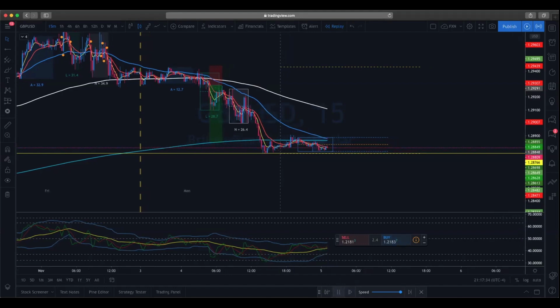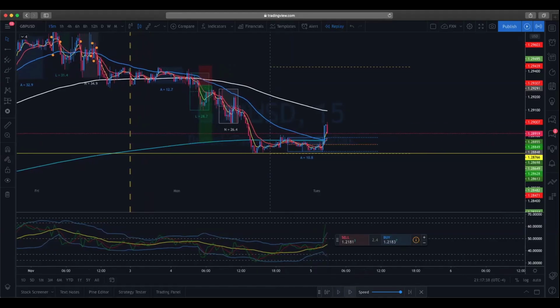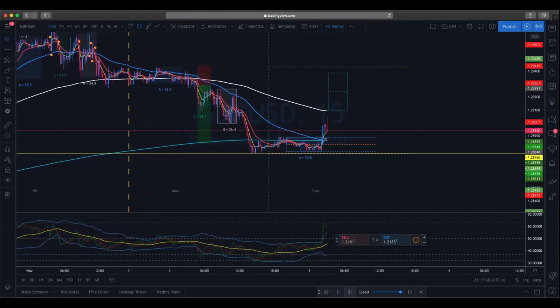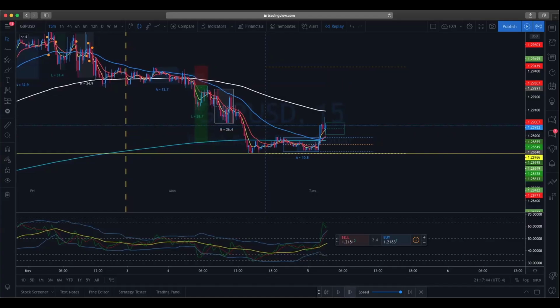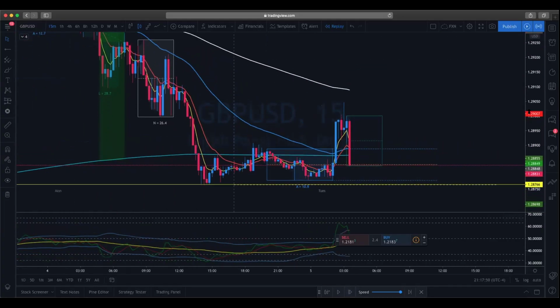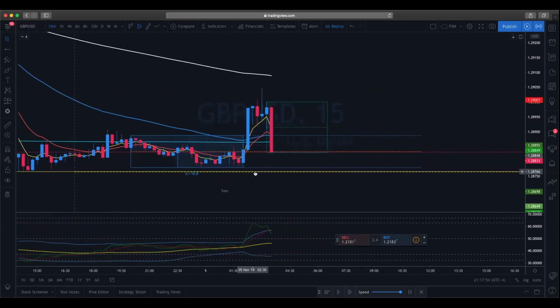So let's see. We only get a 10 pip range. That's not an ideal setup, is it?